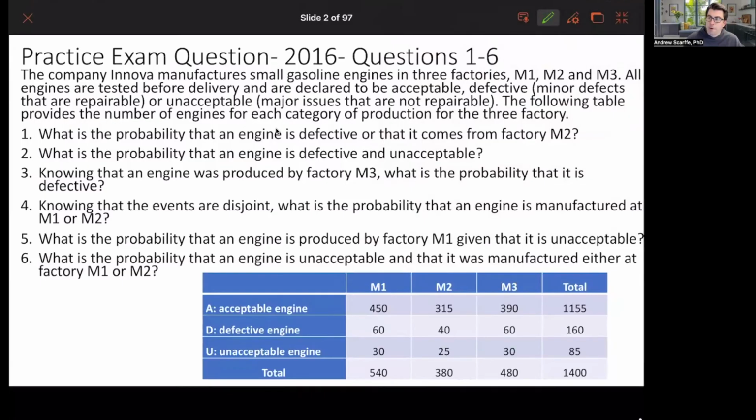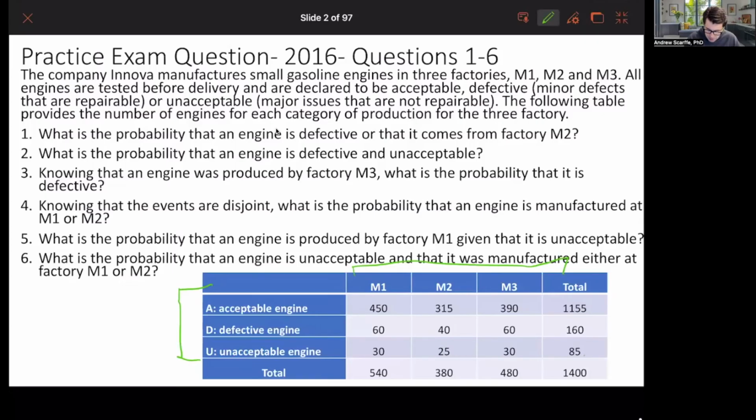And we remember that with a contingency table, we're dealing with two categorical variables. In this case, a categorical variable that is factory, and a categorical variable that is engine status. So it's either acceptable, defective, or unacceptable.